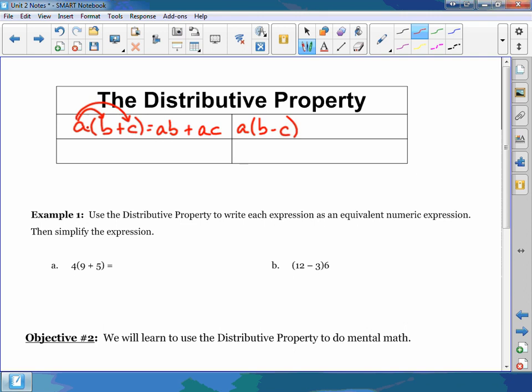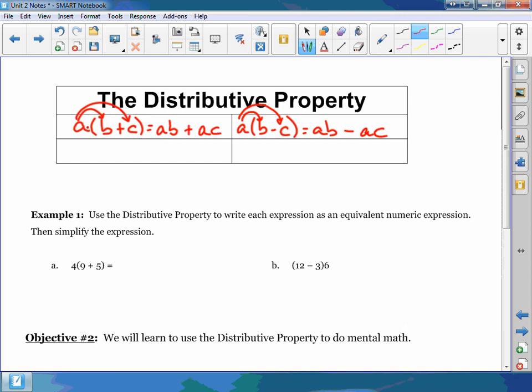Likewise, over to the right, distribute the A through, you have A times B. The only thing that changes is your operation. I shouldn't say it changes, it stays subtraction, but it's different from that addition problem before. And then it would just be minus A times C.